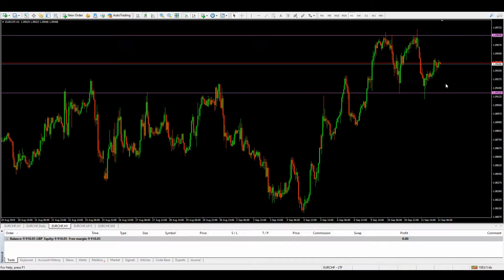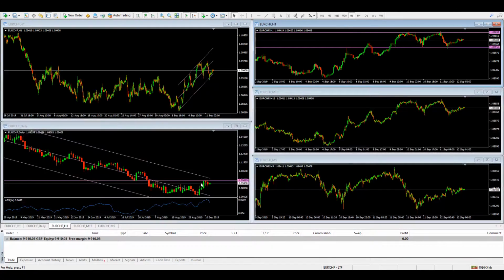So although it's fallen away from that resistance, it hasn't produced really consecutive lower highs and lower lows as of yet. So I would be bearish on this, would be looking to short this, but I'd want to see it break these previous lows here, which in fact would also be the previous day's low as well.